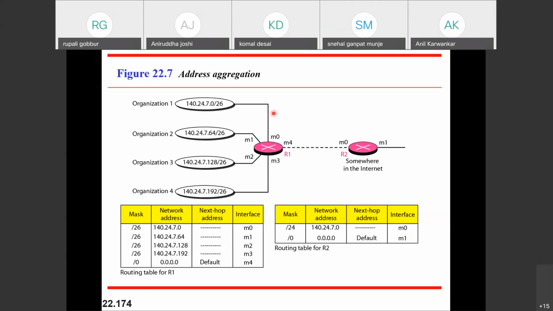because the router need not keep all the IP addresses, all the physical addresses of all the organizations 1, 2, 3, 4. For all the 4 organizations, it's not at all necessary to maintain the IP to MAC configuration. For router 2, if it's at a higher hierarchy, it needs to have only the IP address and the MAC address that is assigned to router 1.